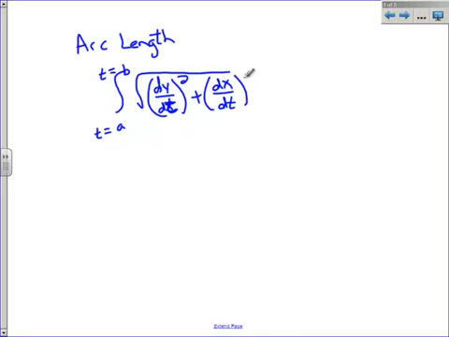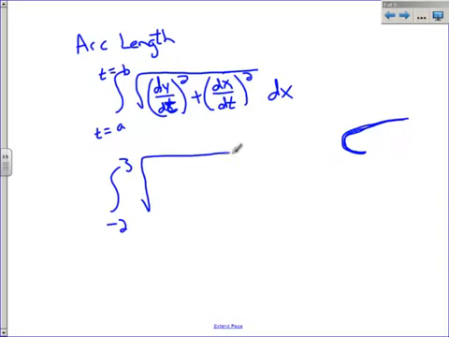So let's do that example from our very first one. The arc length of that first graph we drew, we can actually find how far this particle traveled on that curve by doing this formula. And it was from, if you remember, -2 to 3.